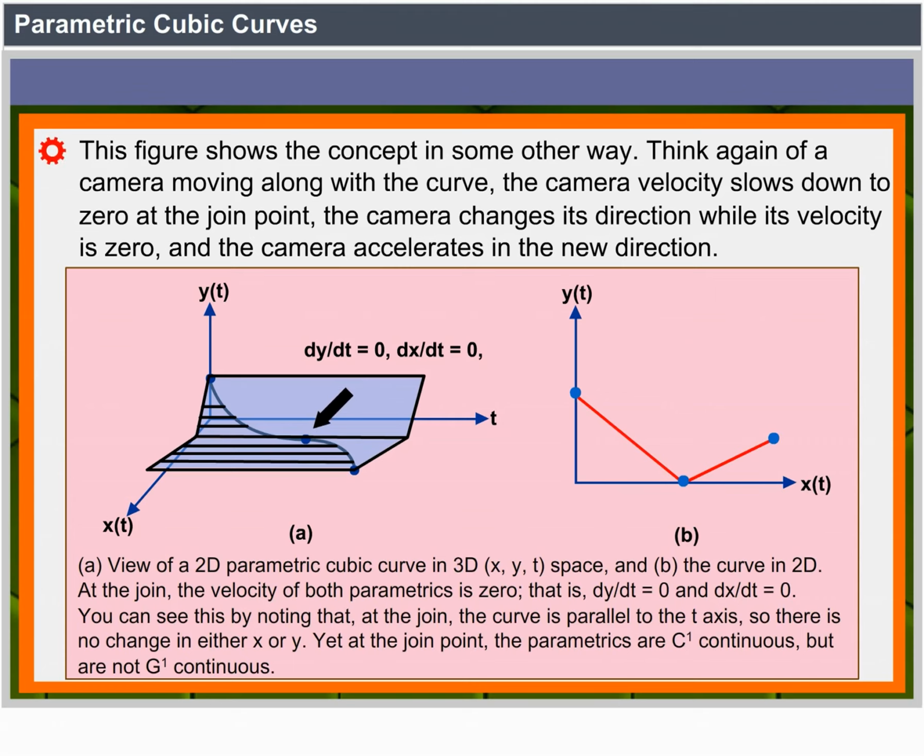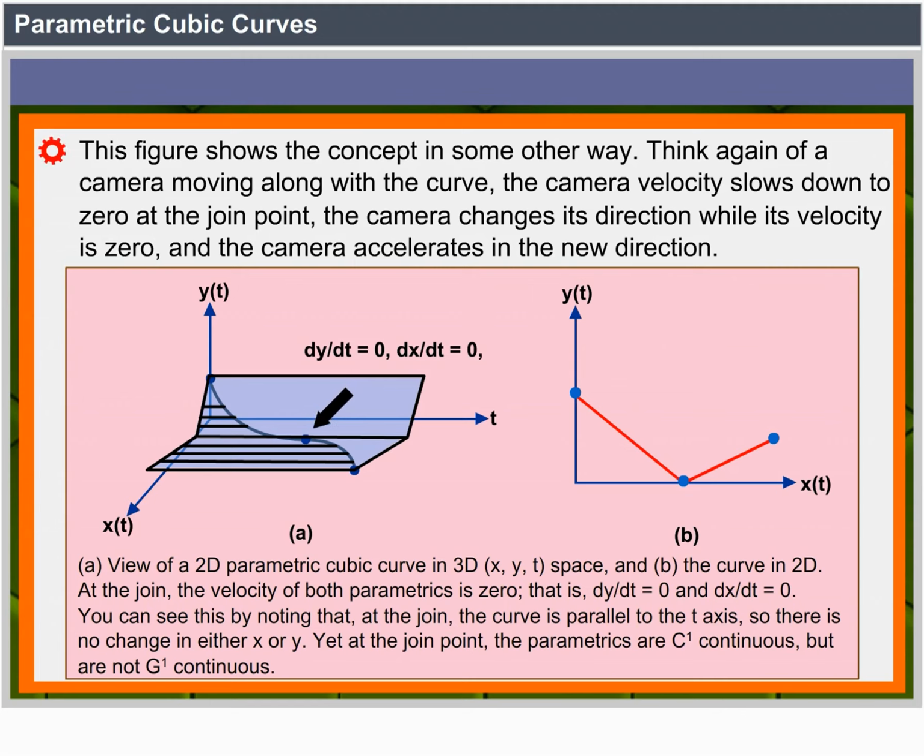At the join, the velocity of both parametrics is 0. That is, dy/dt is 0, and dx/dt is also 0. You can see this by noting that at the join, the curve is parallel to the t-axis, so there is no change in either x or y. Yet at this join point, the parametrics are C1 continuous, but are not G1 continuous.